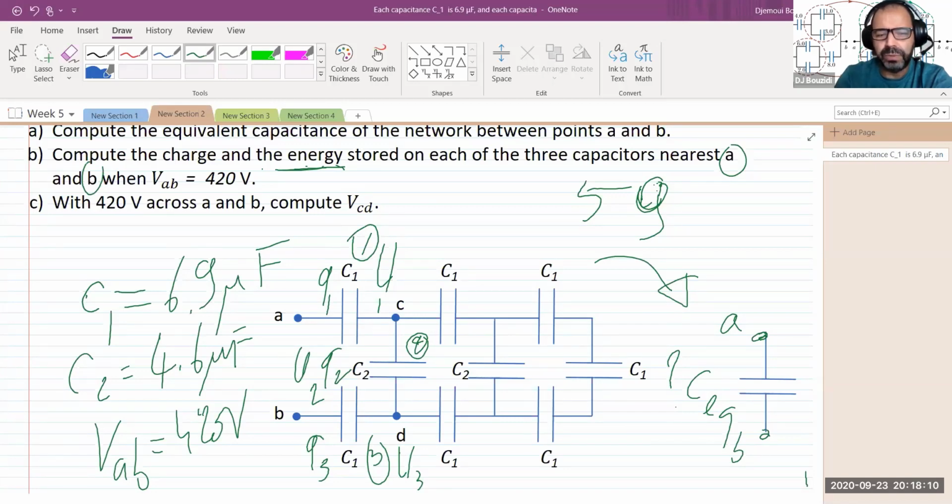So that's part 2, that's part B. I have to keep track of what I am asked. So these are the questions that I am asked so far: to find C equivalent, to find Q1 and U1, Q2 and U2, and Q3 and U3. So I already translated the language written in the problem into the language that I have in here. Now, what's the last question? What do they want?